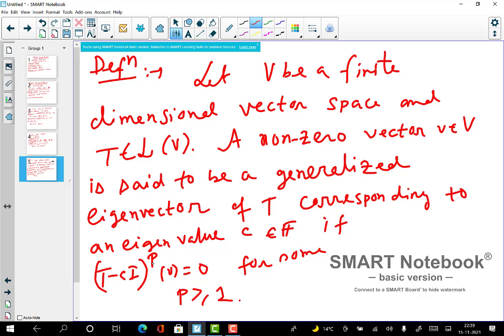The definition is almost similar to the eigenvector. For an eigenvector, v has to be in the null space of T minus CI.